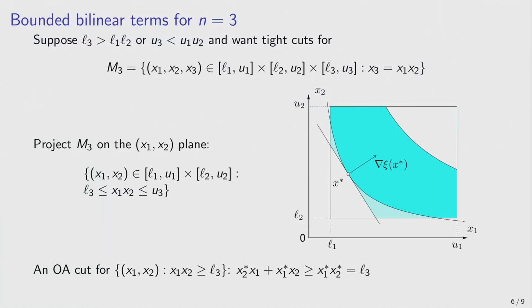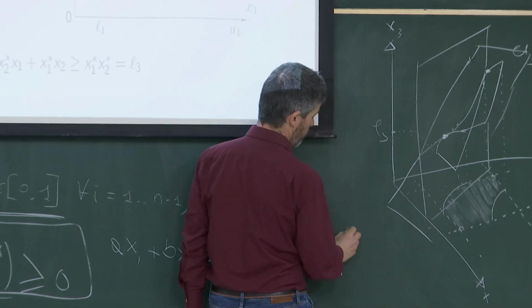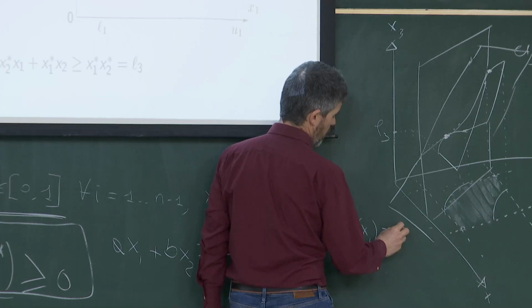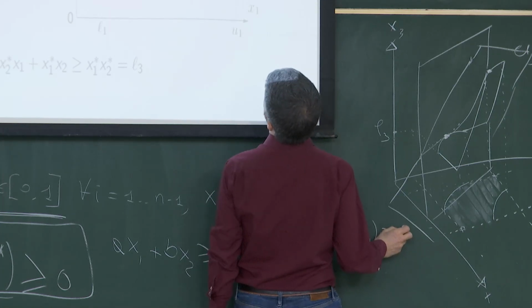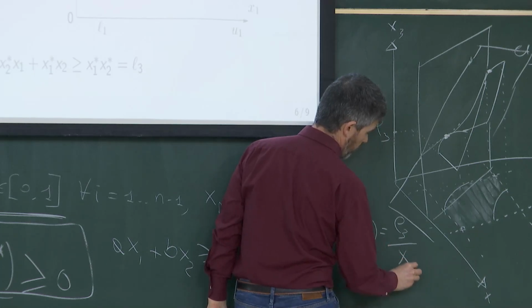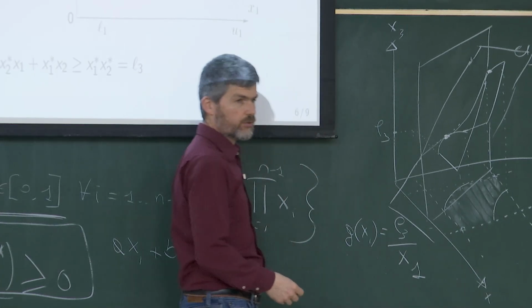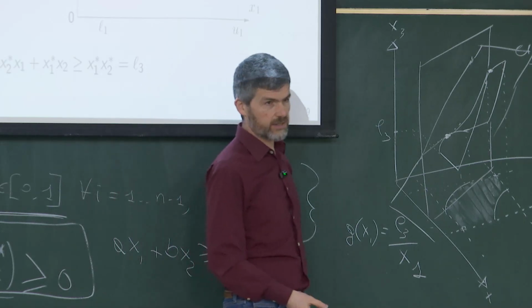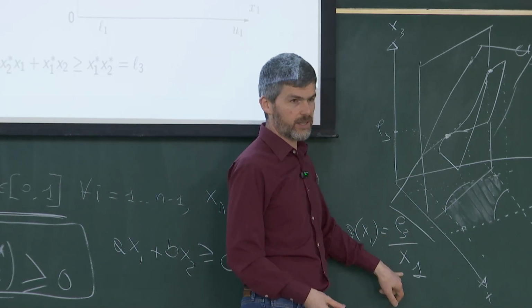You could write another approximation if you took g of x1 equals L3 divided by x1. Because x1 times x2 equals L3, which means x2 is equal to L3 divided by x1.